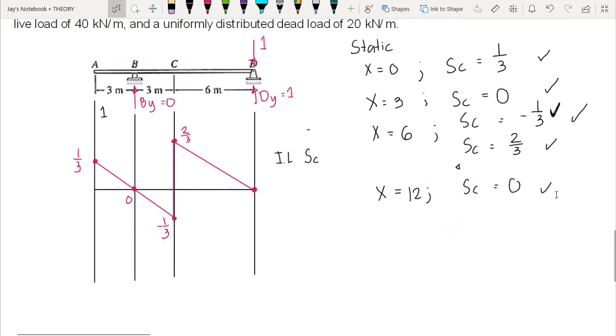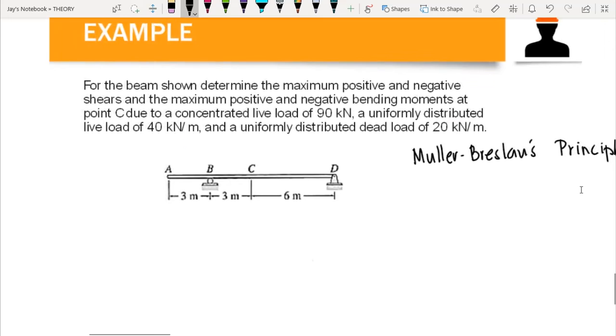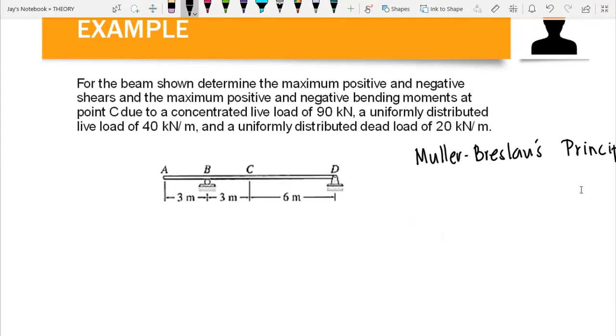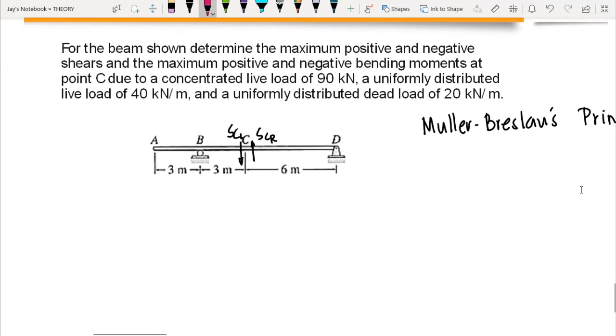Okay? Now if we use the Muller-Breslau principle, since at C we have downward and upward shear, we have SC on the left and SC on the right. So if we let this beam deflect, we would have this one, and the total deflection at point C is 1 unit.